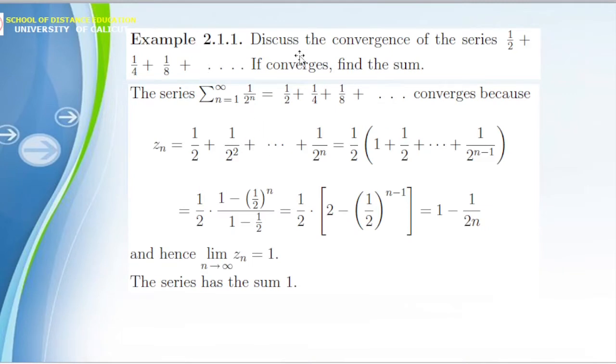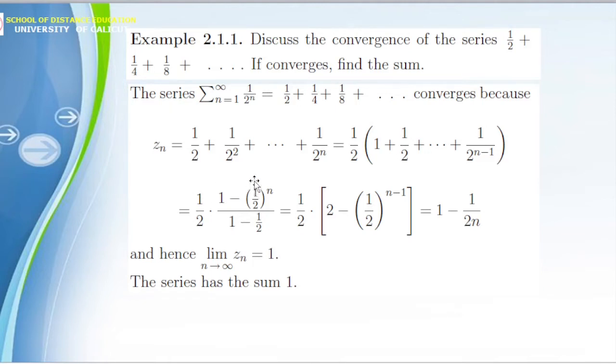Example: discuss the convergence of the series 1 by 2 plus 1 by 4 plus 1 by 8 plus etc. Check whether it converges and also find the sum of the series. This series can be written as sigma n from 1 to infinity 1 by 2 to the power n.